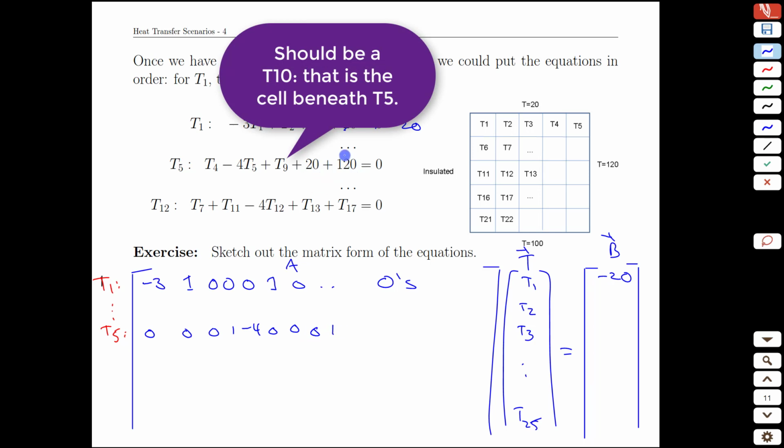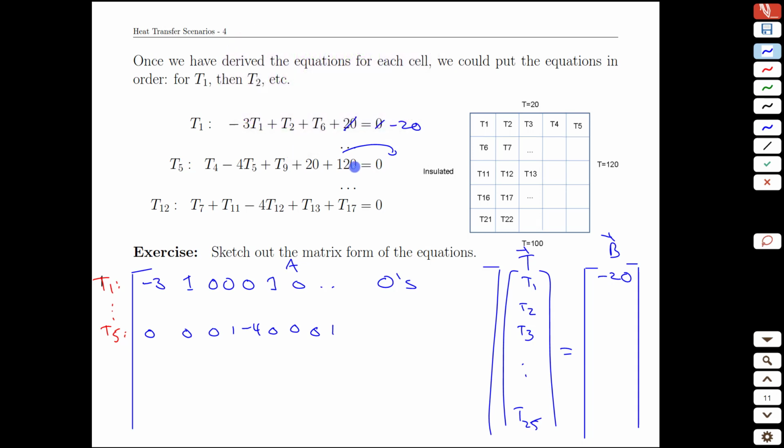Then we'd have these values here brought to the other side as negative 20 and negative 120, or negative 140, to match that same row. Again, if we took the walking fingers here and multiplied this row by these T's, we would get this part of the equation, and then we just put any constants from the outside appearing on the right hand in the matrix form. Now we could do the same thing for T12.